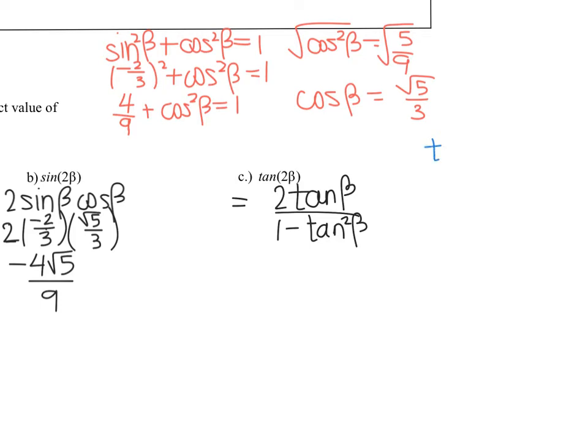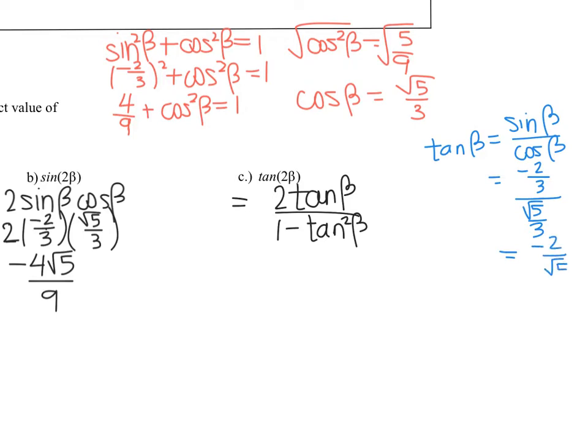So tangent of beta is going to equal sine of beta over cosine of beta. Sine is negative 2/3 over cosine, which is radical 5 over 3. And because we're dividing two fractions with the same denominator, we end up with negative 2 over radical 5 for tangent.